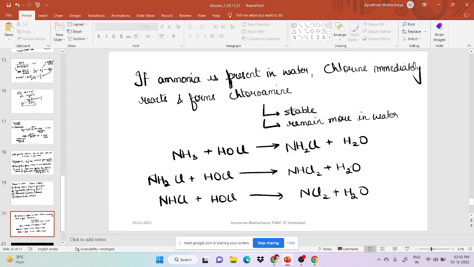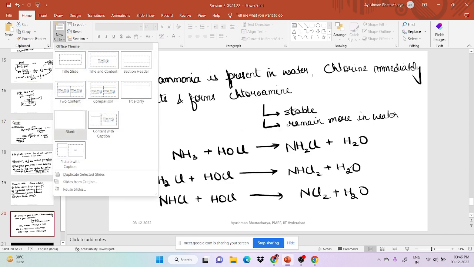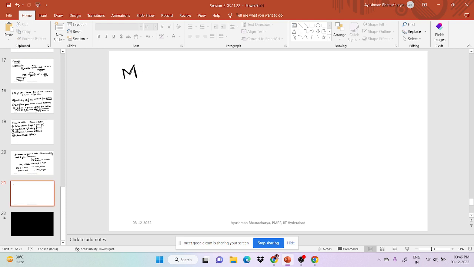And there are a few other things which I wanted to mention. These are the major methods of chlorination, and the minor methods include some other disinfection methods. The first minor method is treatment with lime.